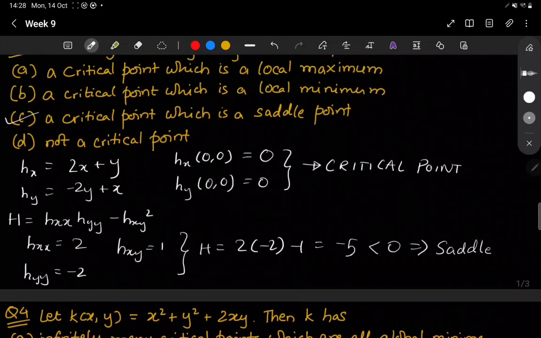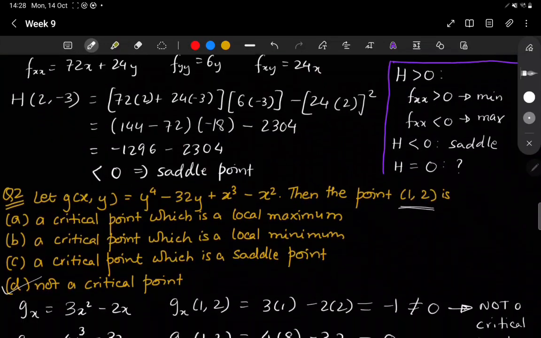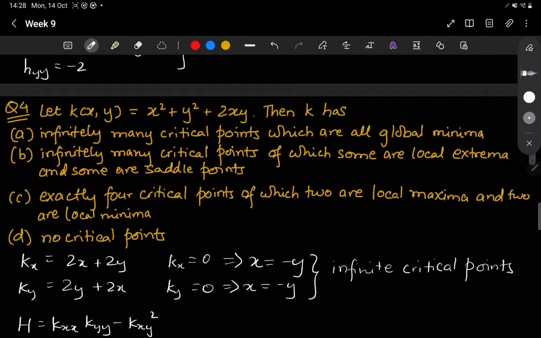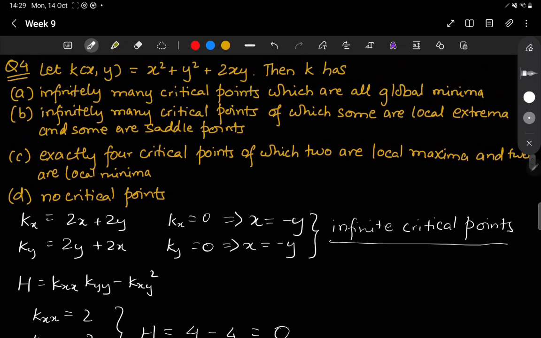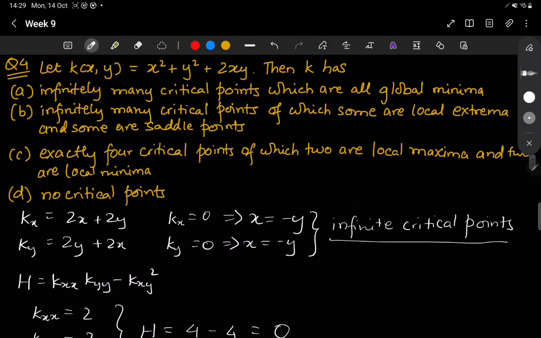Now as we know, if the Hessian is equal to 0, then we cannot really say. So what we know is that we have infinite critical points, but we cannot really say whether they are maxima, minima or saddle points.